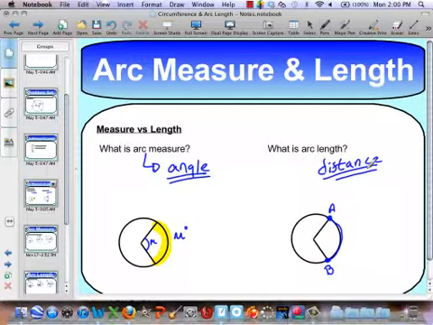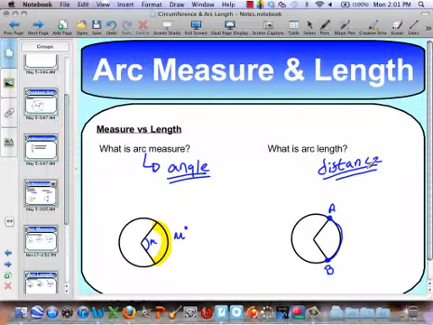What is circumference? The whole circle. 2 pi. Good. What is it? Distance around the circle. If I go from A all the way around the circle back to A, it's 2 pi r, correct? Yeah. All right.